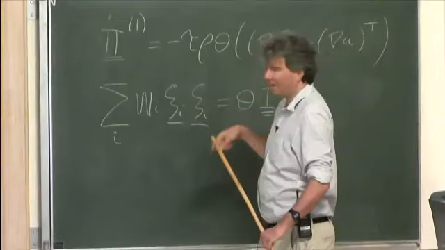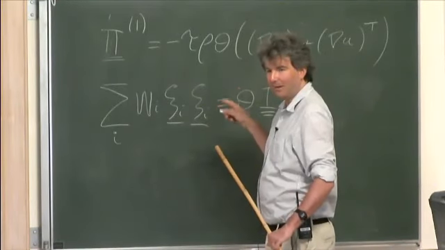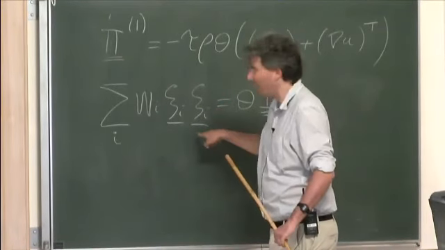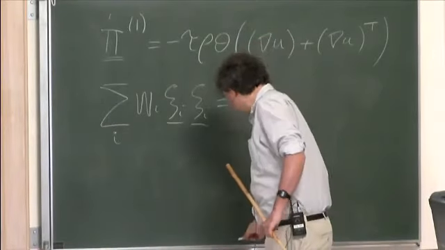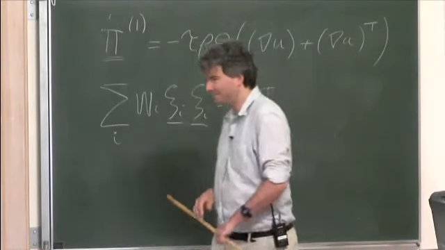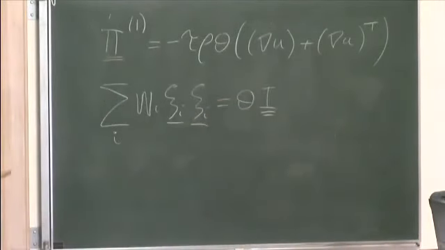So it's not a property of the individual lattice velocities. It's a property of the weighted sum. So the individual particle velocities are superluminal? Yeah. Well, you have to have that because you can't have anything propagating faster than the particle speeds.